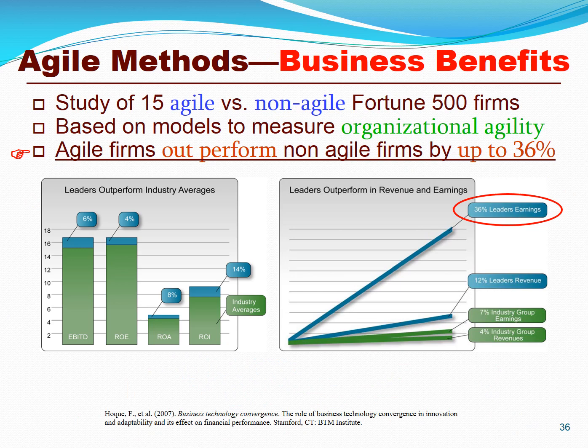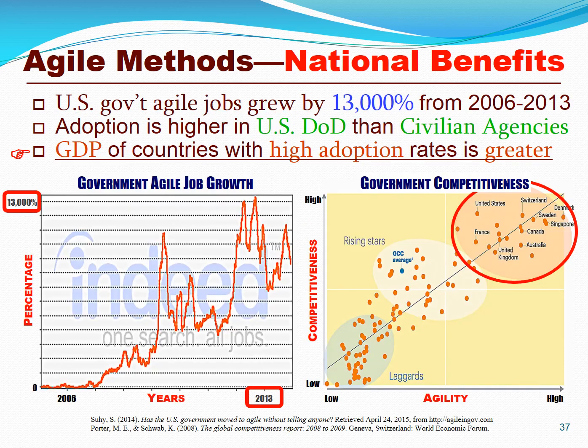Here's an early study of organizational level agility, showing that agile organizations had 6% better earnings before interest, taxes, and depreciation, 4% better return on equity, 8% return on assets, 14% better ROI, but most importantly, 36% better earnings and 12% better revenues.